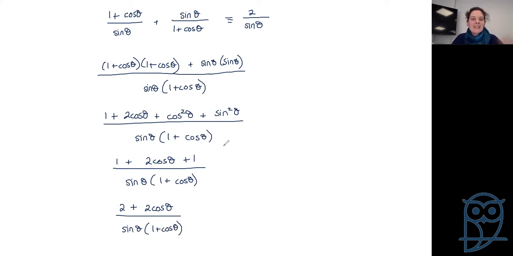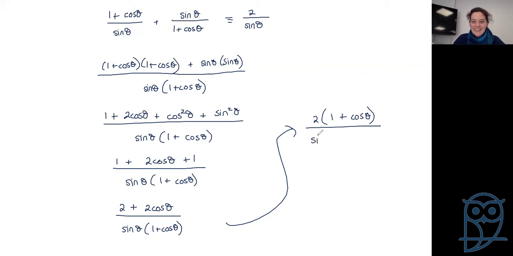Remember I said that we need to be aware of our factorization? There he is. Okay, so we're going to continue up here because we've run out of space. You would work down all the way. So 2(1 + cos θ), do you see the magic about to happen? Over sin θ (1 + cos θ).